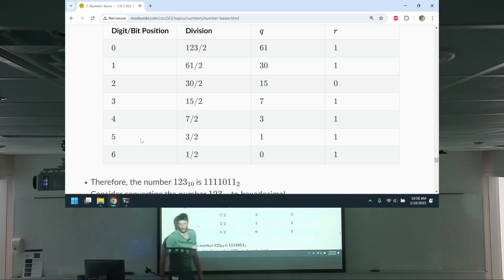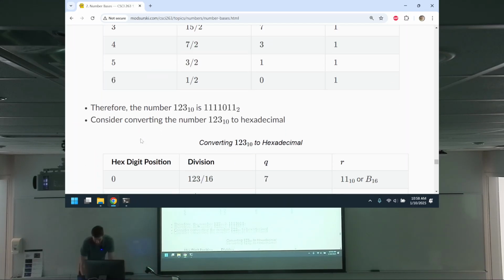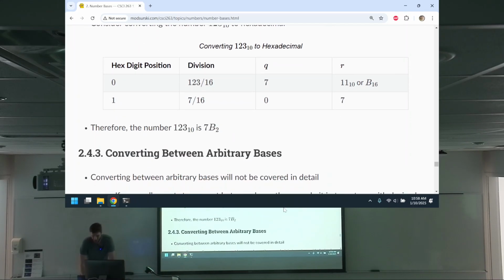That's how you do it. It would also work for hex, right? 123 divided by 16 is 7 remainder 11, or b, because we're dealing with hex. And then what's 7 divided by 16? Well, that's 0 remainder 7, so it's 7b. That's how we do it.